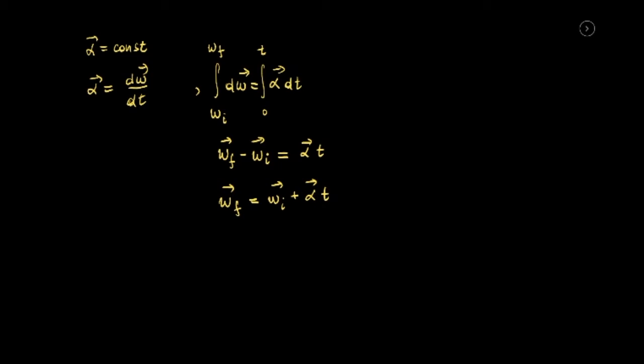This equation is very similar to the one in the translational case, where the final velocity is equal to initial velocity plus at. So this is our main equation so far.